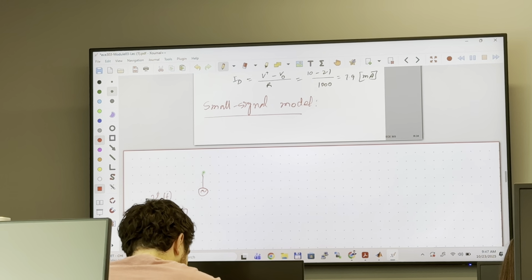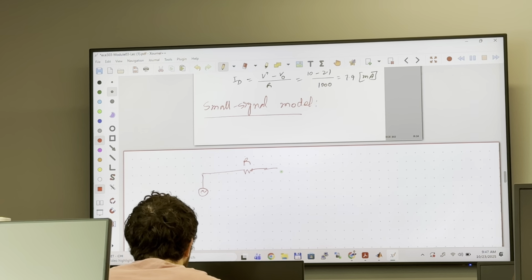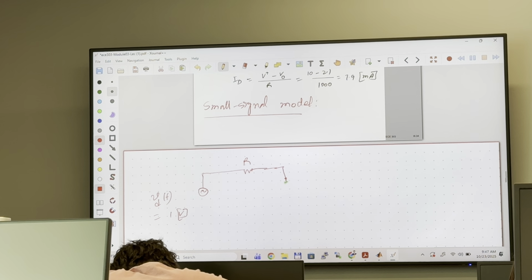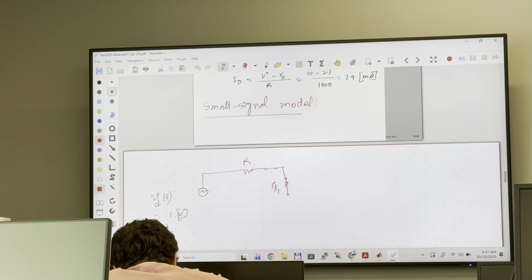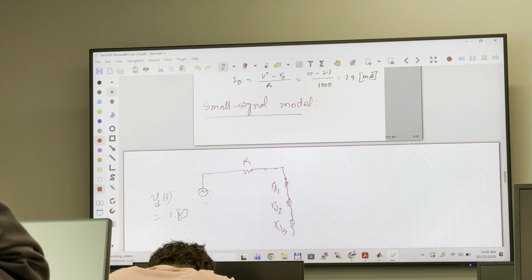So now what we have here, we have one resistor R, and then for each diode we have one small resistance, RD1, and for the second diode we have RD2, and for the third diode we have RD3.